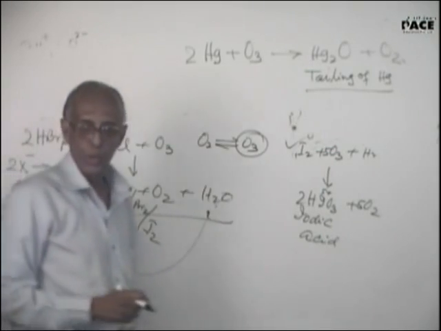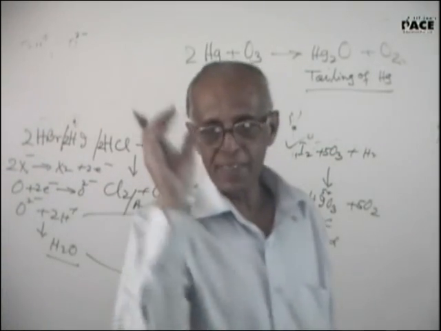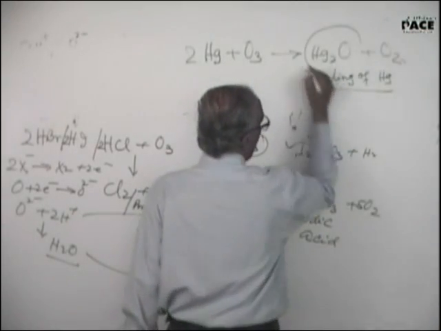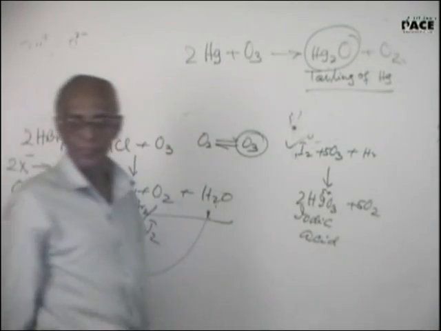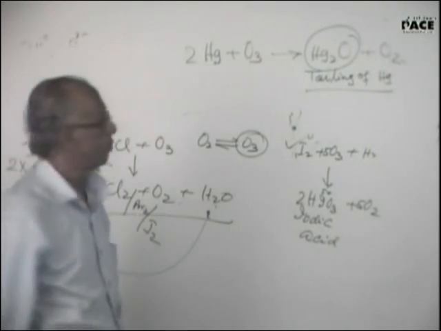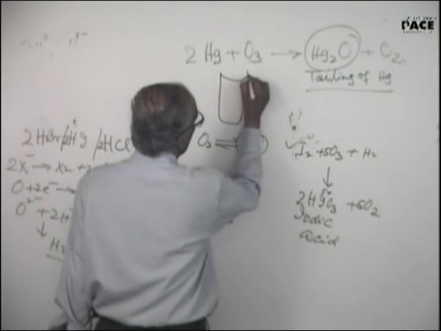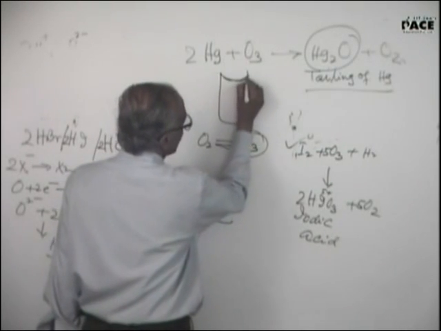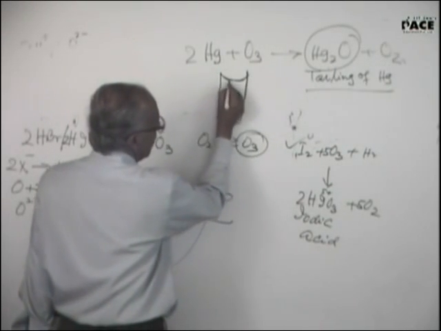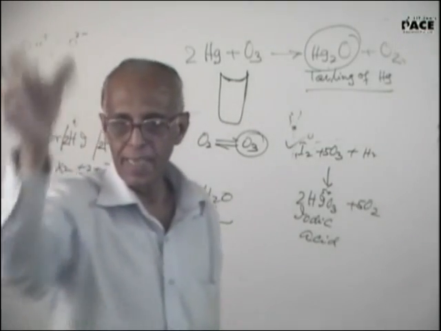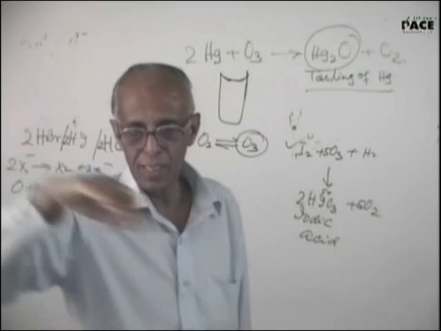When you pass ozone through mercury, it forms mercurous oxide and oxygen. Before passing ozone, you will see the meniscus of mercury; if you pour mercury in a column, you will see the meniscus.